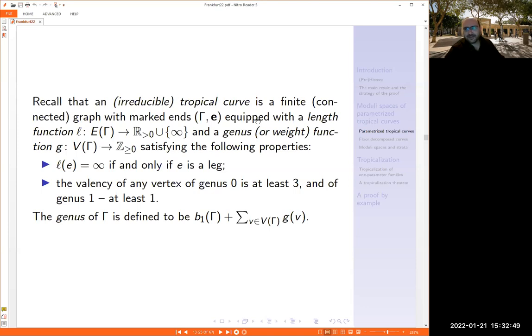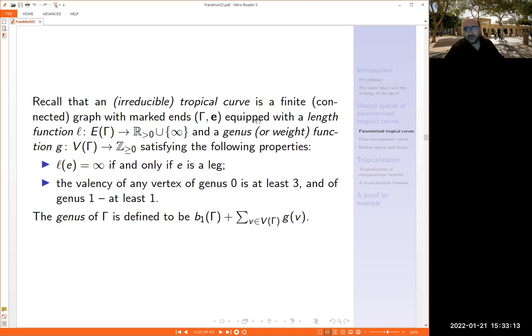First of all, the length is infinite if and only if the edge is a leg. And second, the valency of any vertex of genus 0 is at least 3, and of any vertex of genus 1 it must be at least 1. This is, of course, the shadow of the stability condition on the algebro-geometric side.